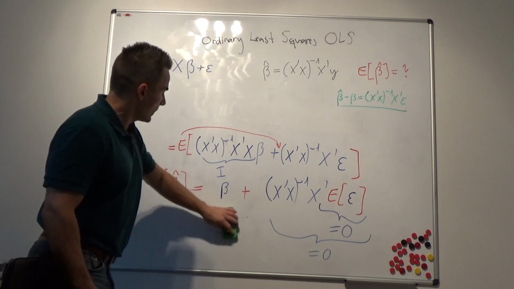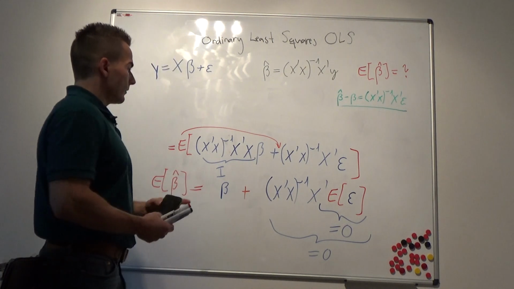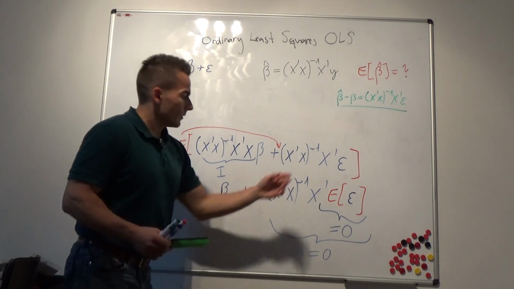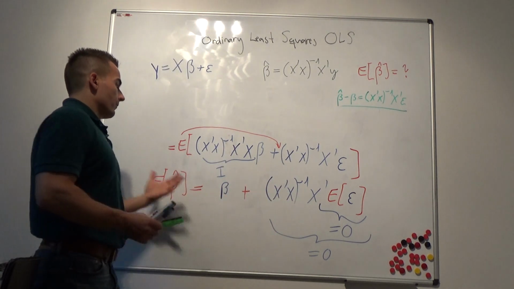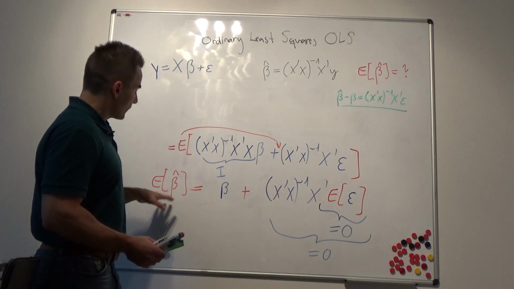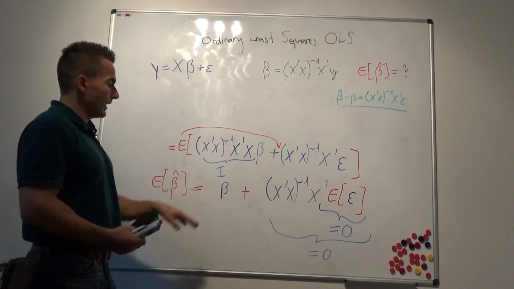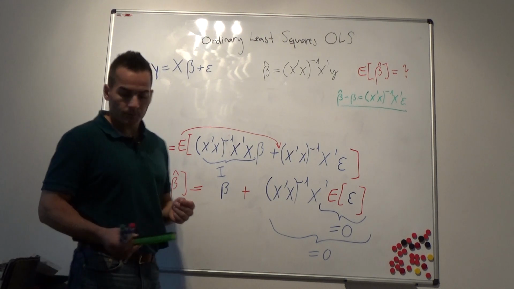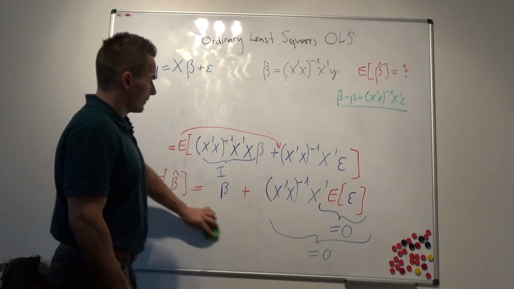But we keep it simple. So we assume that x is predetermined, so we can operate with this framework, and we know that the expectation of our point estimator is unbiased. It's a very, very important result. So let's take this away now.